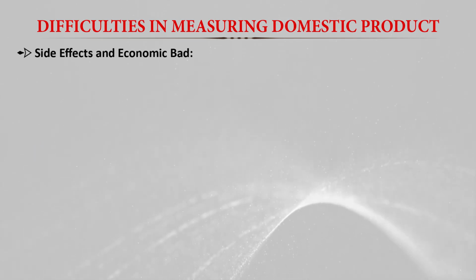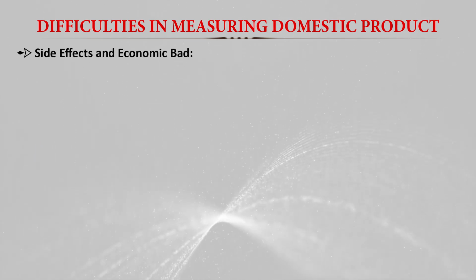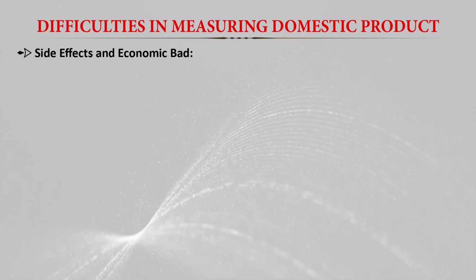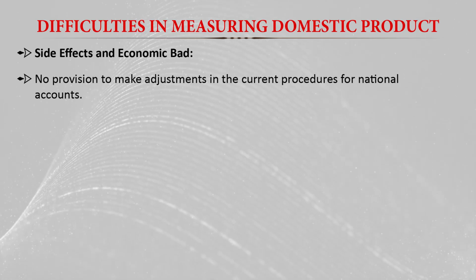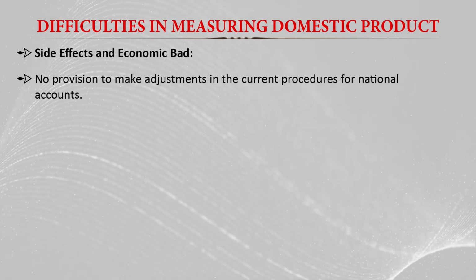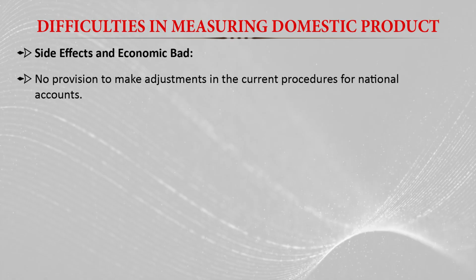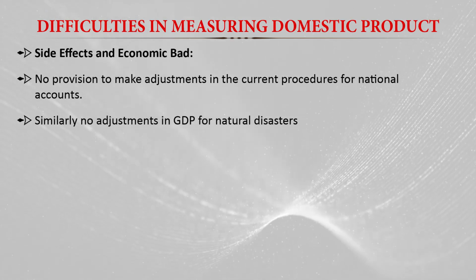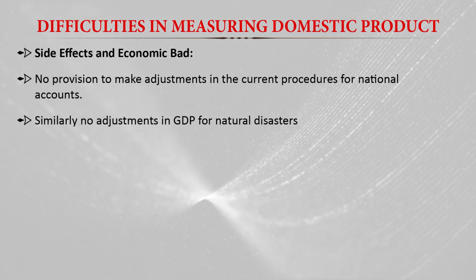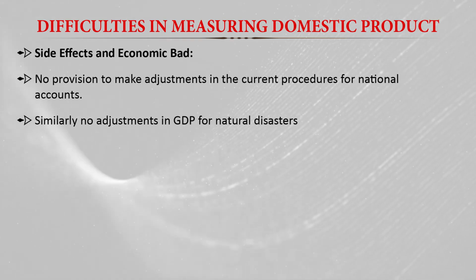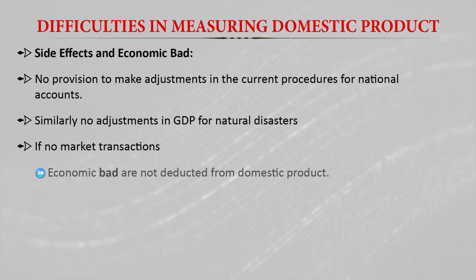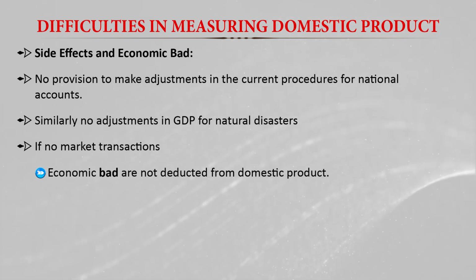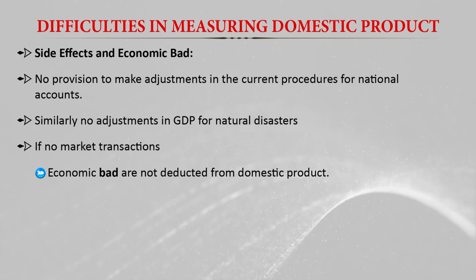Then side effects or economic bads are another important aspect, and basically there is no provision to make adjustment in the current procedure of national accounts for such effects. Similarly, no adjustment is made in the GDP for natural disasters sometimes, and if there is no market transaction, economic bads are not deducted from the domestic product.